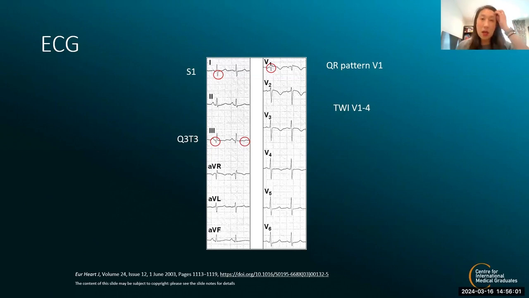So S1 is the S wave, then a Q wave in lead 3 and T wave inversion in the same lead. And then you have a QR pattern in V1 and T-wave inversion in V1 to 4. Not all these signs will be present on every ECG. This is only if you have right heart strain. Like I said, the most common thing to find on ECGs is sinus tachycardia.